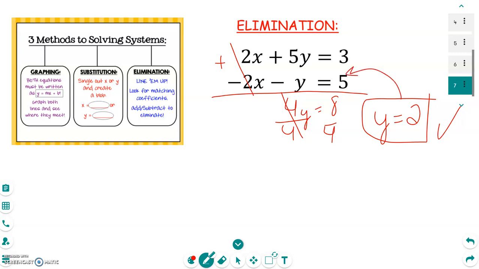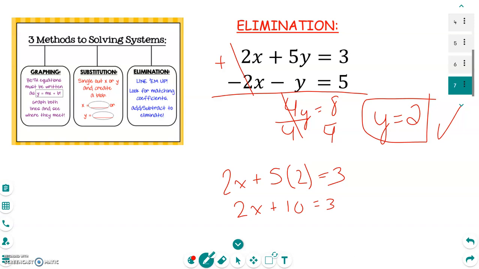And now we plug this y into our other equation to find out what x is. So all we have to do now is 2x plus 5y, which we found out was 2, equals 3. You end up with 2x plus 10 equals 3. We need to subtract from both sides.